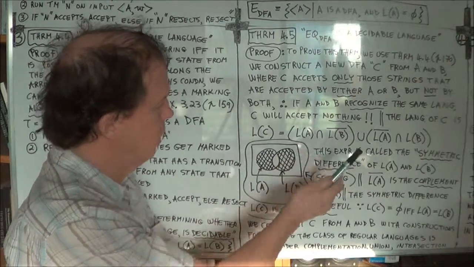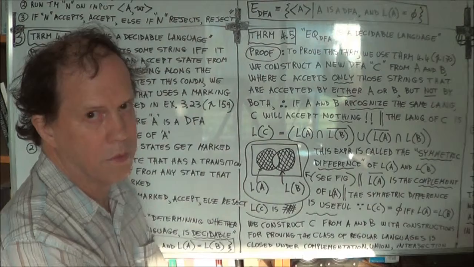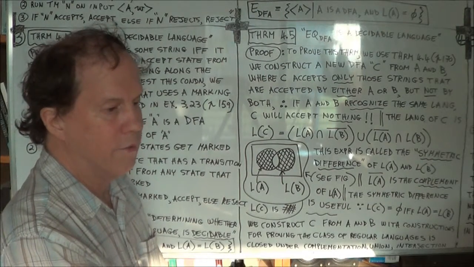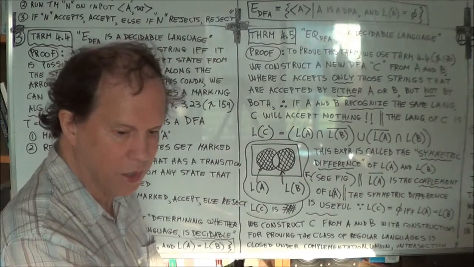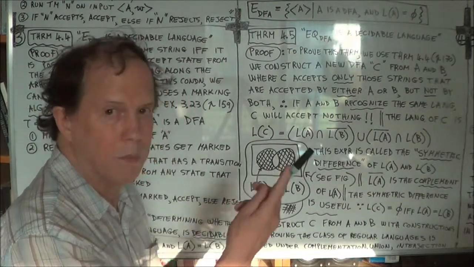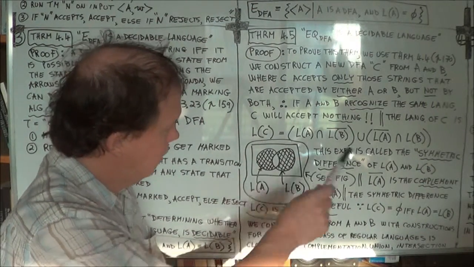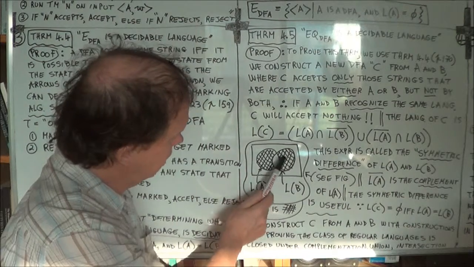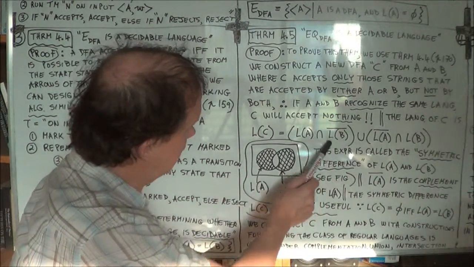Now, if you want to see it in terms of a Venn diagram, V-E-N-N, also talked about in chapter 0, it's a way of visualizing sets and unions and intersections of sets and so forth. So the hashed area, not here, but here, would correspond to that.